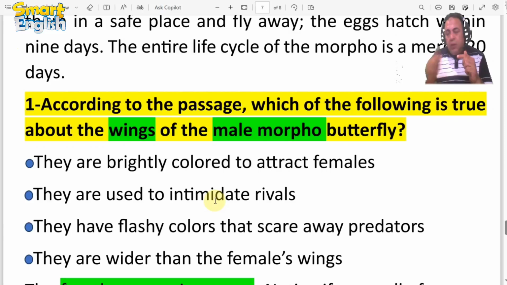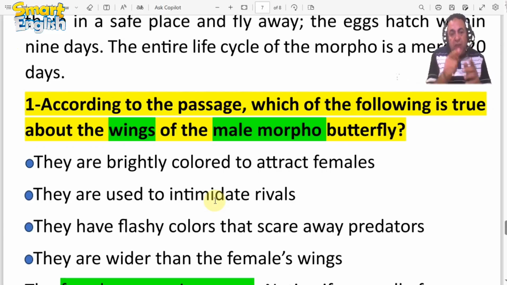After that, not before that. Be cautious. After that, you go to the four choices. Do not go to the four choices before you summarize the main idea in the text. Now it's clear in my mind, after I check the original text and find the keyword in the passage, that I know exactly that the wings of the male butterfly are wider and bigger than the female butterfly's.